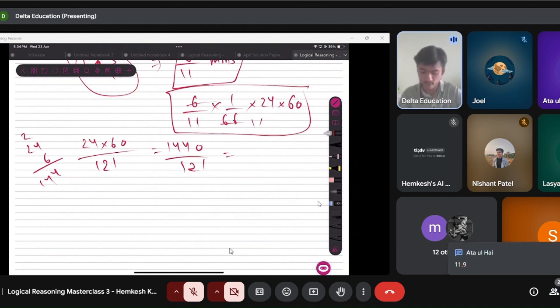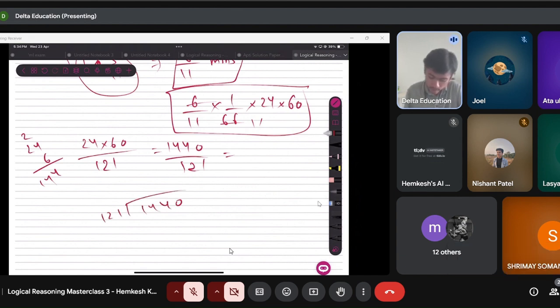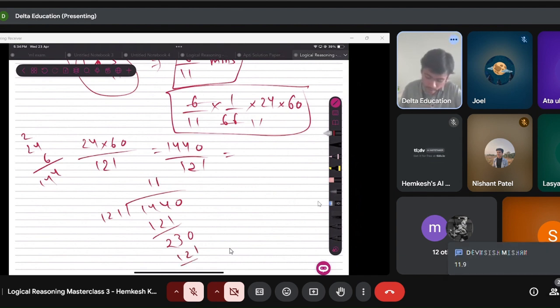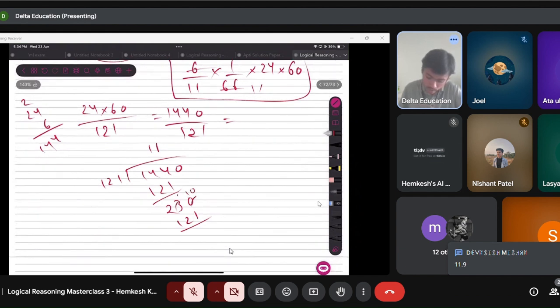So let me do this. Basically, I need it in fractions. So 121 into 1440 gives 11 with remainder 109.